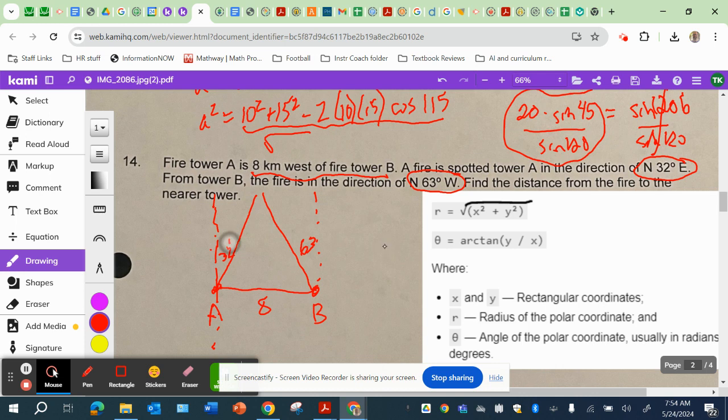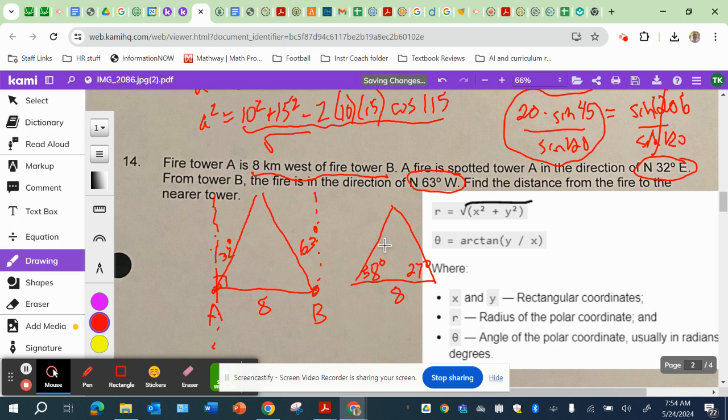Okay, so I would redraw this triangle. And you know that is 8. And these make a right angle. So if that's 32, this is 58. And if that's 63, this one's 27.